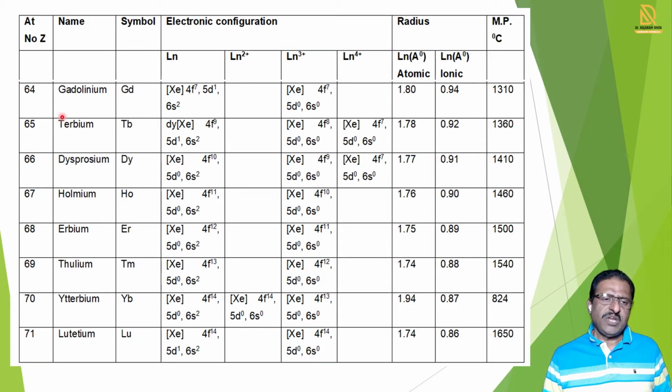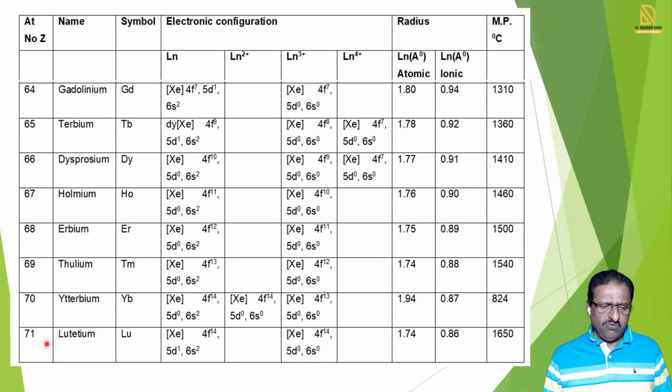Then 64 gadolinium, symbol Gd. 65 terbium, Tb. 66 dysprosium, Dy. 67 holmium, Ho. 68 erbium, Er. 69 thulium, Tm. 70 ytterbium, Yb.